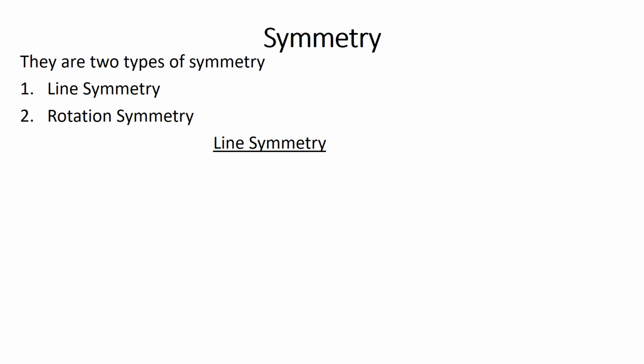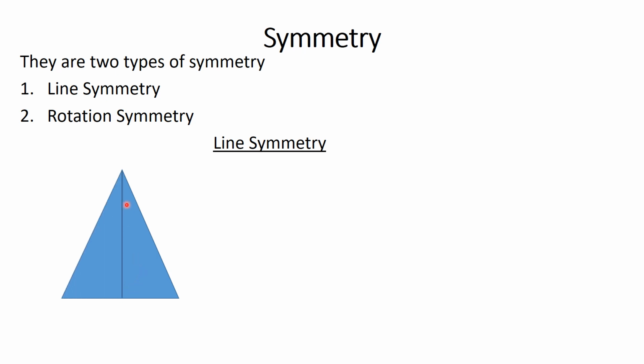So if you have been given a shape, if you can somehow divide it somewhere to make two shapes, and those two shapes are mirror images of each other, we say this shape has symmetry. Let's say we have this triangle here. If we put a mirror along this line, this triangle is going to have a reflection like this.